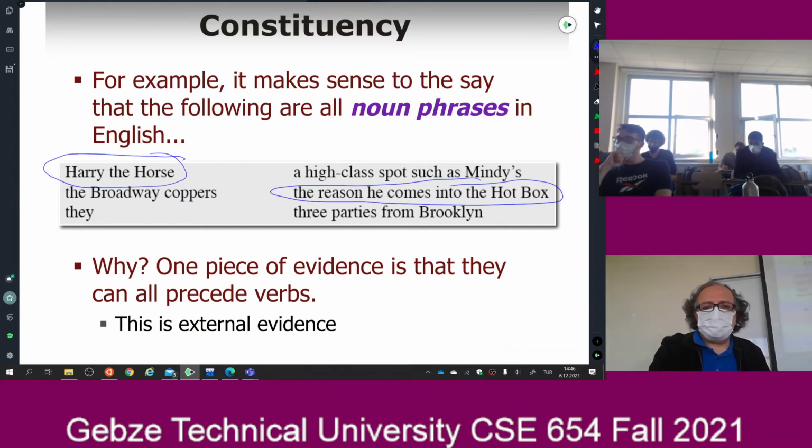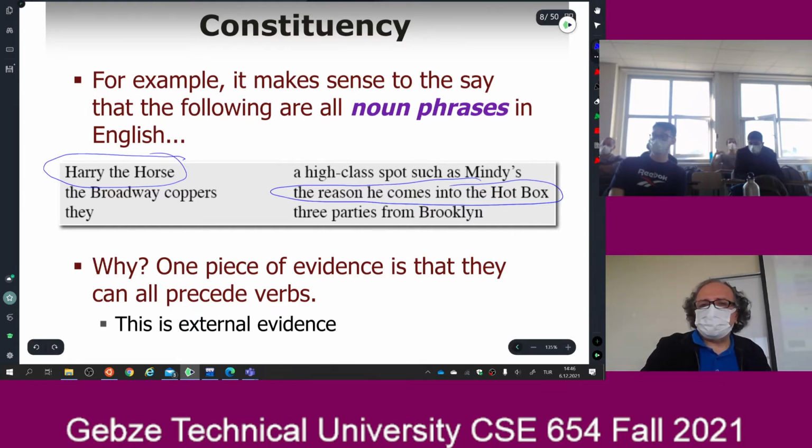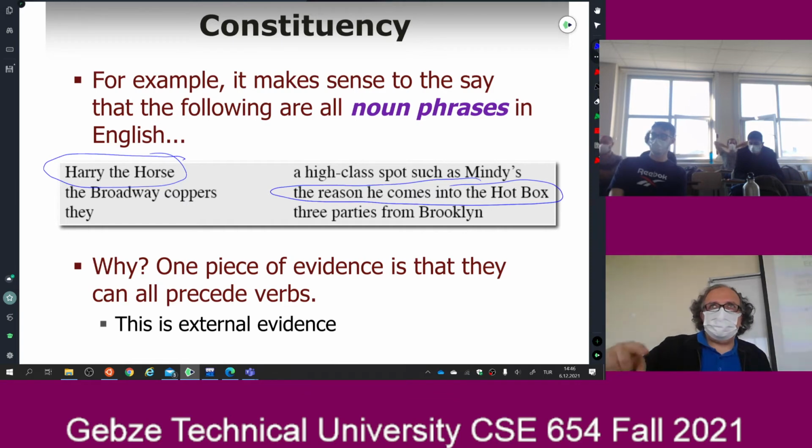So that's the external evidence, because I can put this chunk of words, the group of words, in place of a noun. For the internal evidence, they have to follow some rules, for example, the determiner noun rule, or determiner adjective noun rule, etc.